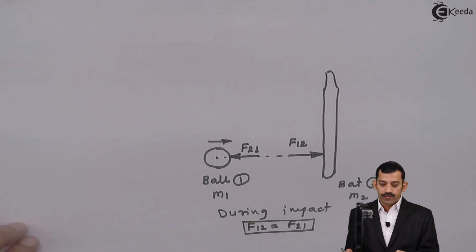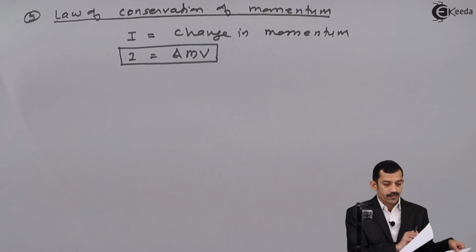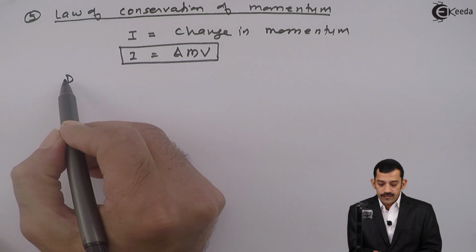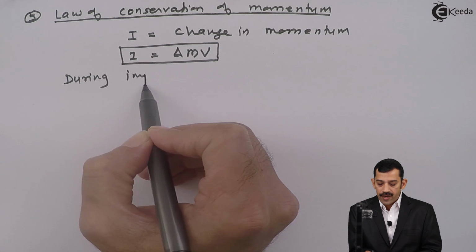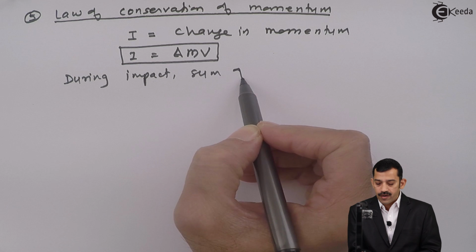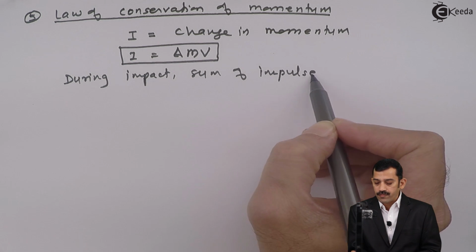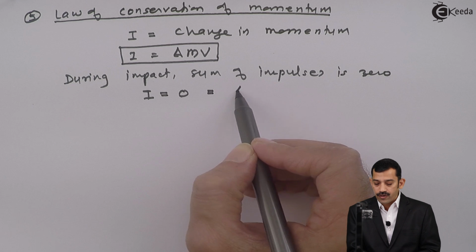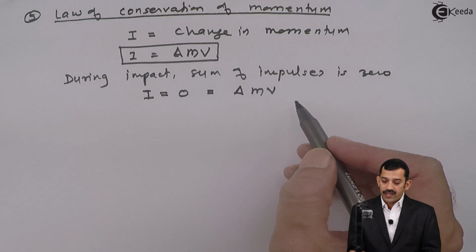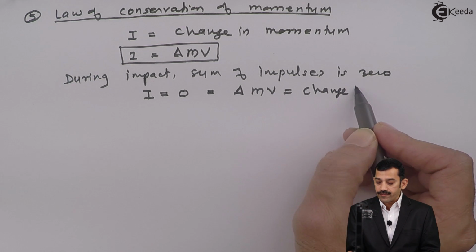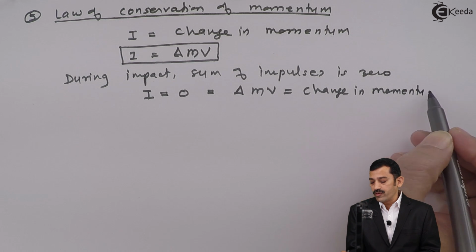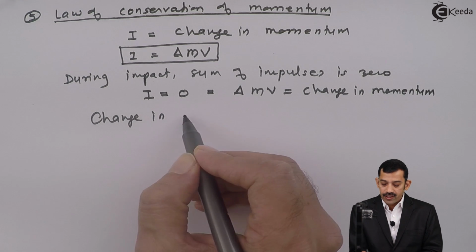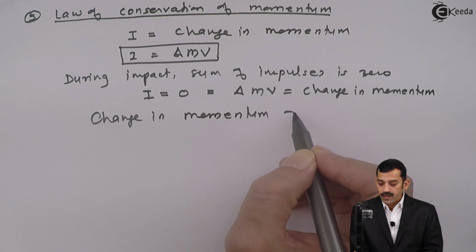So the change in momentum during impact is 0.